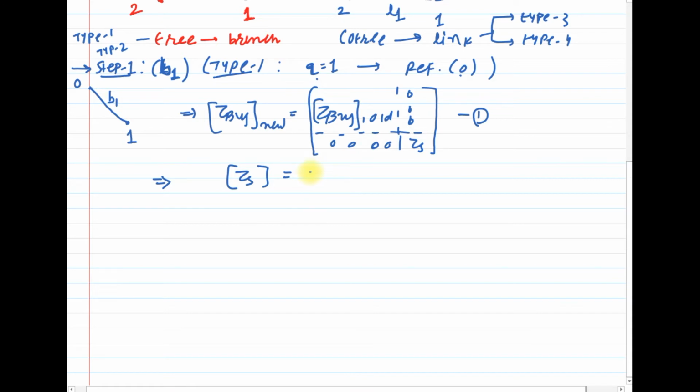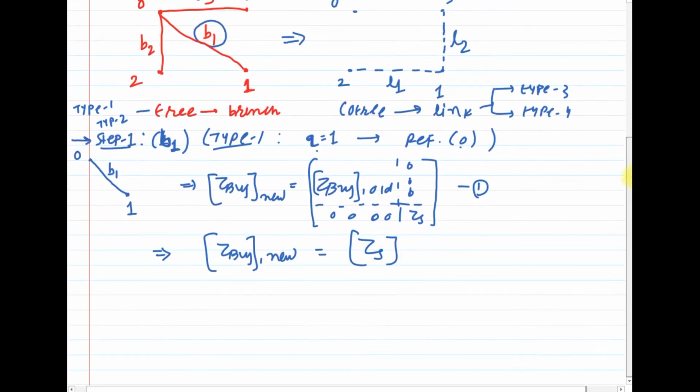We will consider Z bus new as equal to only ZS, because no further modification has been carried out before this one, and before that there is nothing available with us.